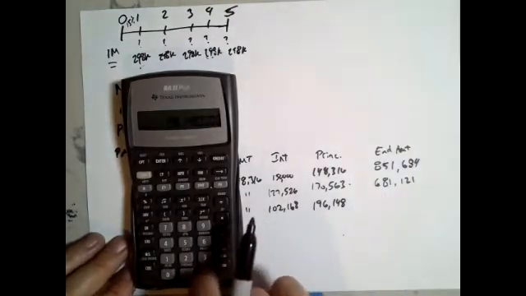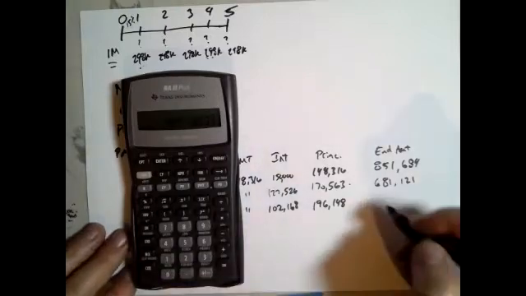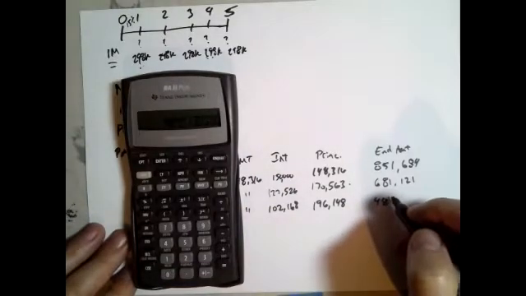And so we can subtract that from 681,121, and our new ending balance on our mortgage is 484,973.